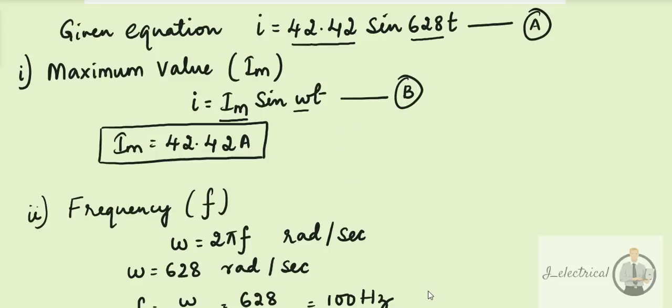Next, to find out frequency, I need to make use of the omega value. Again, by comparing the standard equation with the given equation, omega is equal to 628 radians per second.